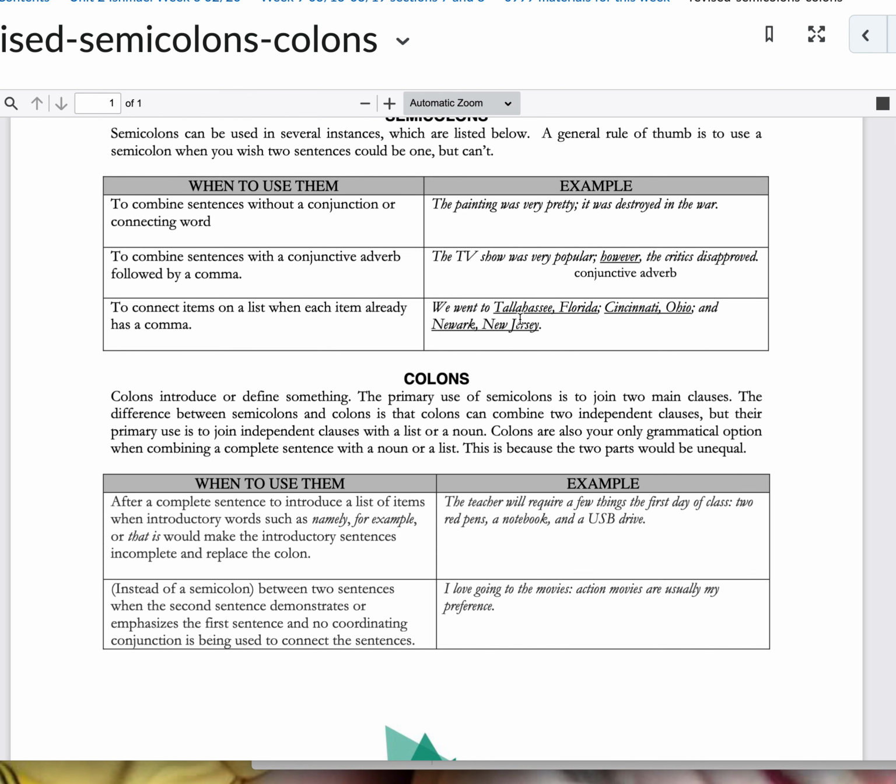So each one of those comma lists, like for instance, for breakfast I had orange juice, comma, eggs, comma, and waffles, semicolon. I'm sorry. Let me rephrase that.